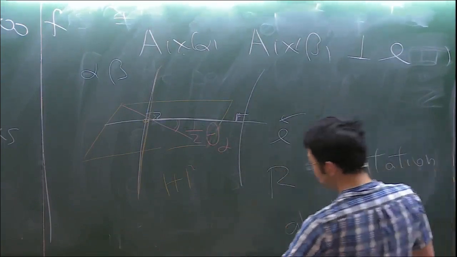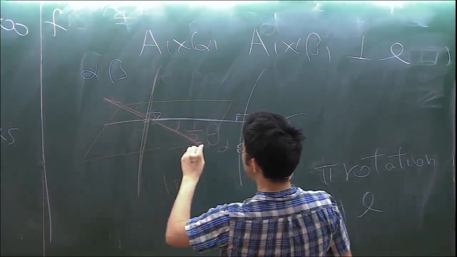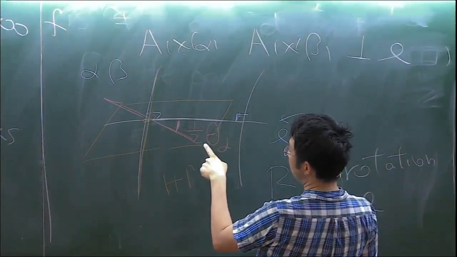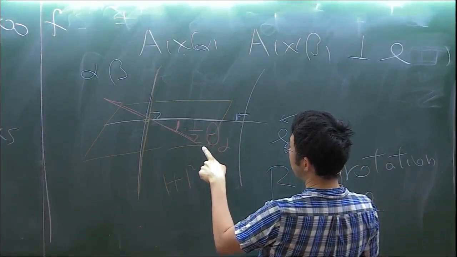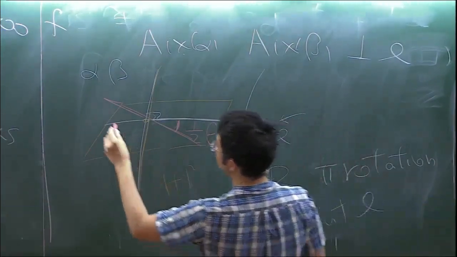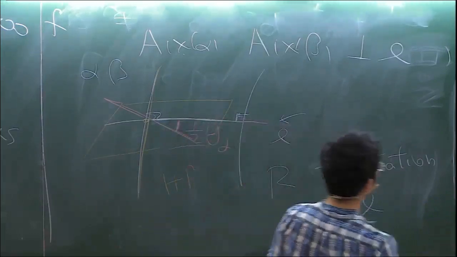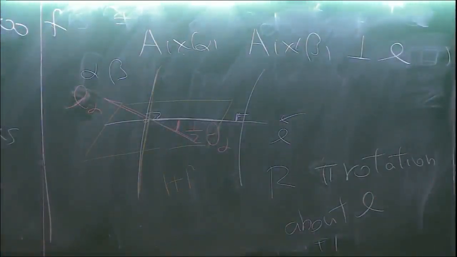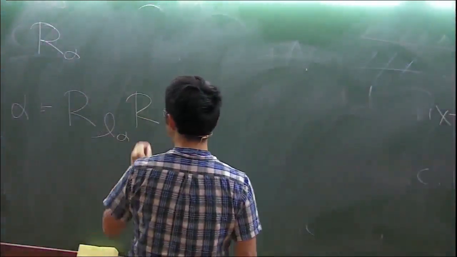So you have this orange red line, which has an angle with L. The angle given by this red line is half the rotation angle. And then alpha is given by the pi rotation along, can I call this L sub alpha, and then the pi rotation about L.